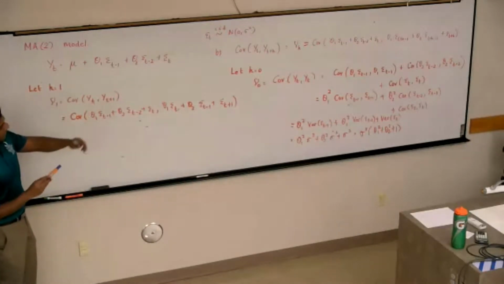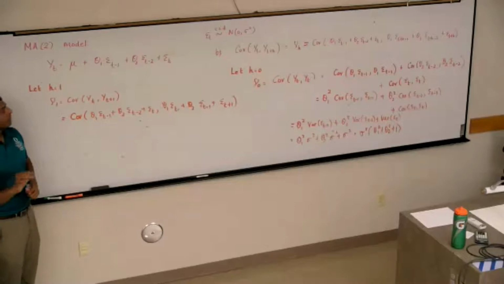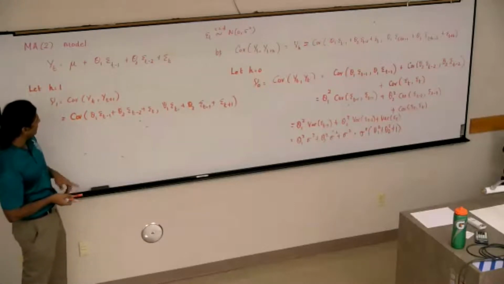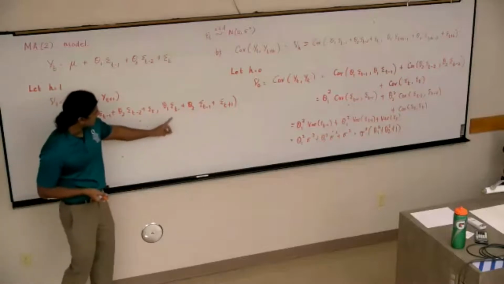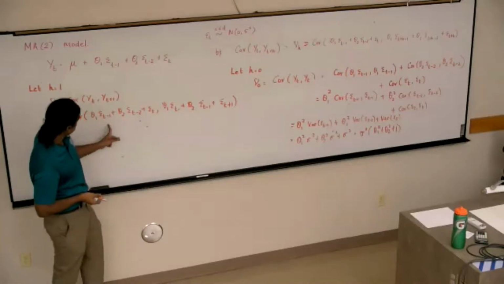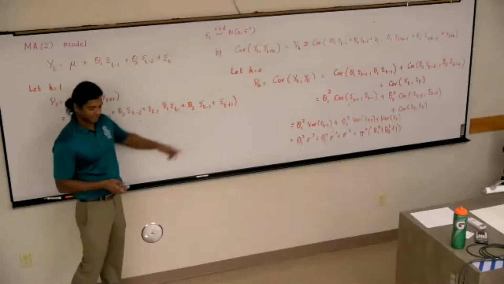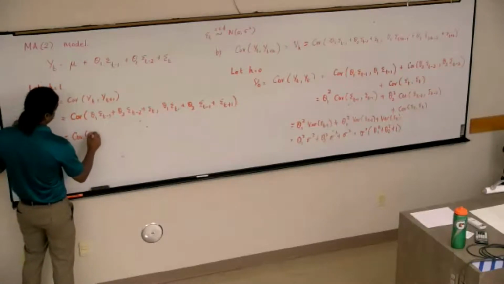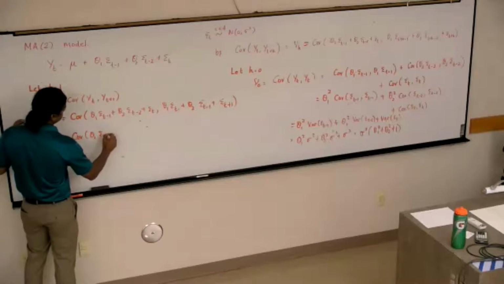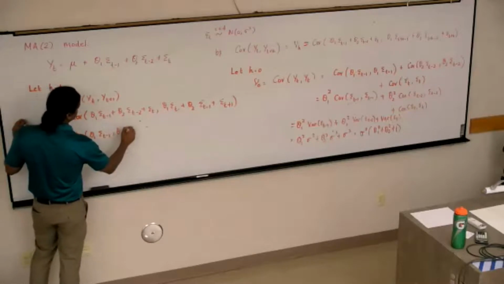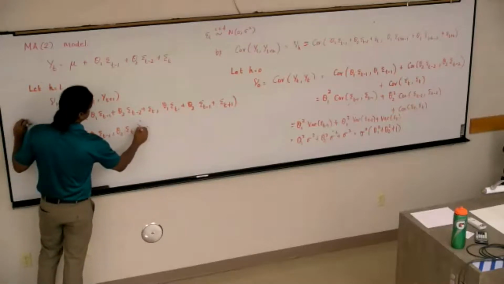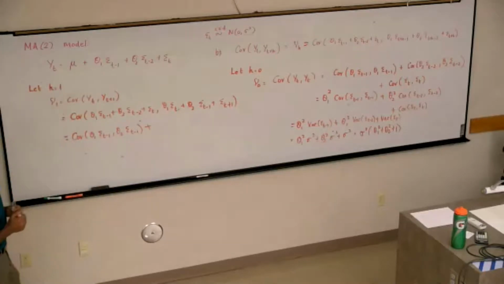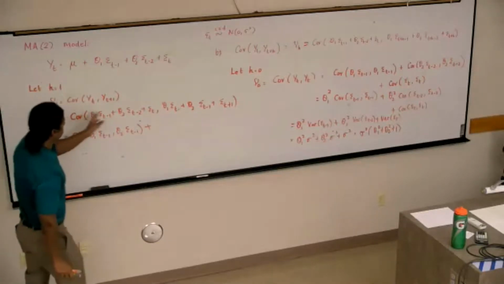Now, as I mentioned earlier, all we care about are the terms where the time indices match. Clearly, that and that doesn't match, but that one and that one matches. So I can write it as covariance theta 1 epsilon t minus 1, comma theta 2 epsilon t minus 1. Is that it? We looked at the first term.